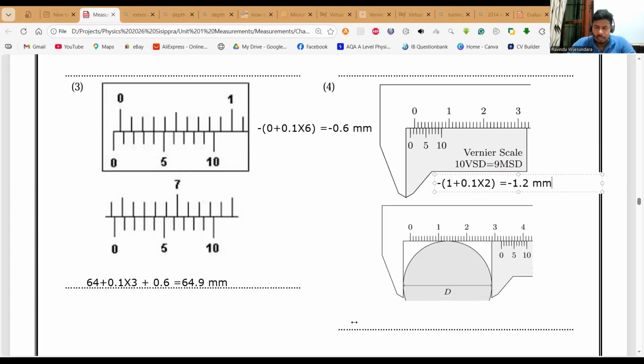So if you take the reading from here, that is 32 plus 0.1 multiplied by the number of divisions coinciding, the third one, but you have a negative zero error, so plus 1.2. So 32.3 is the reading, 32.3 plus 1.2, that is 33.5. 33.5 is the final answer.